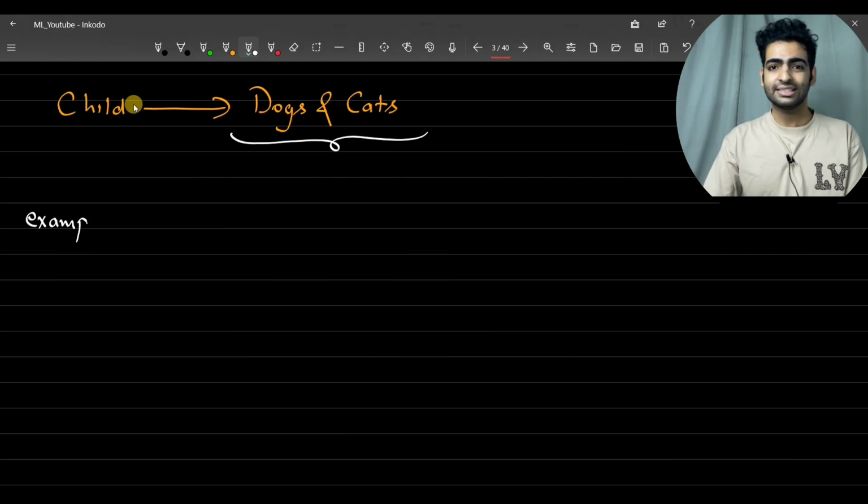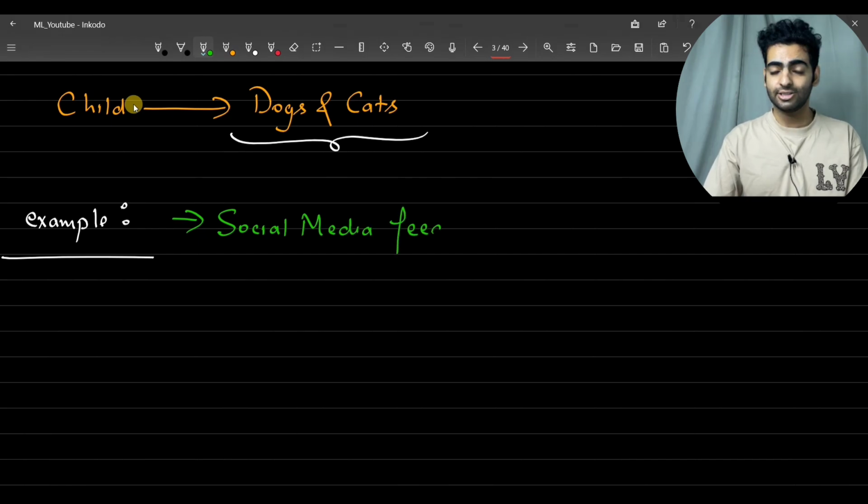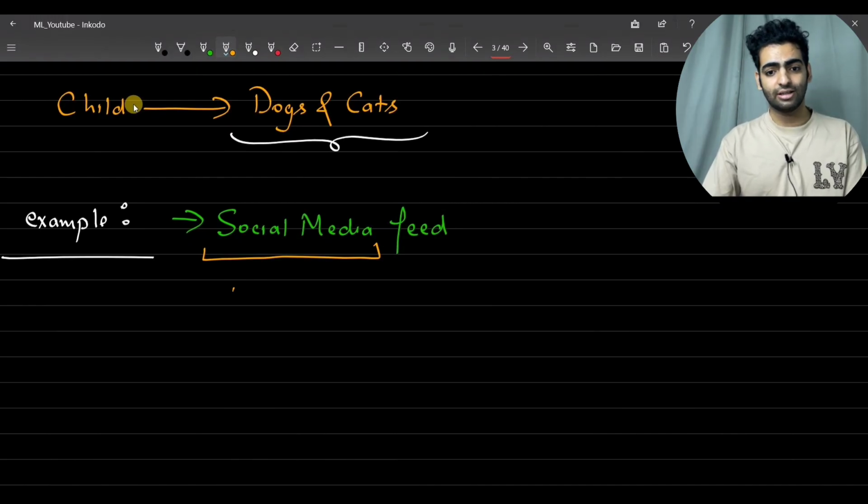Okay, let's consider a very simple example just to relate that. So you may have noticed your social media accounts feed like Instagram or Facebook, Snapchat, Telegram, right? So all these social media are actually using machine learning algorithm just to understand the content you basically engage with, right?